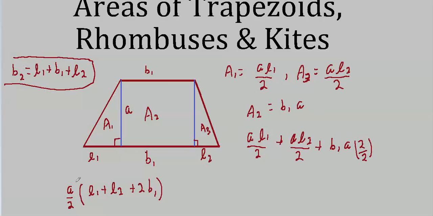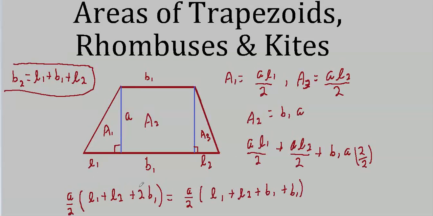So now we can write A over 2 times L1 plus L2 plus 2B1. But now we just need to rewrite this again. If I rearrange it a little bit, B1 plus B1 is 2B1, right? But what do I have now? Remember over here? B2, that's this bottom base. That's L1 plus L2 plus B1. And then I have a B1 over here.